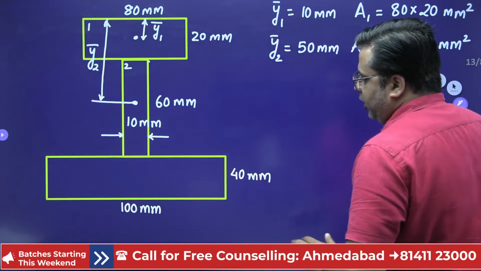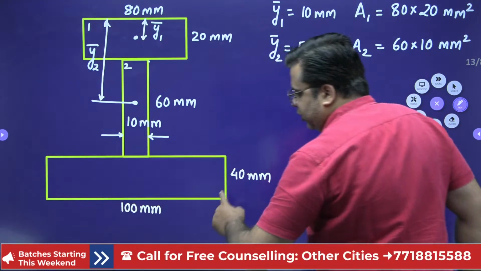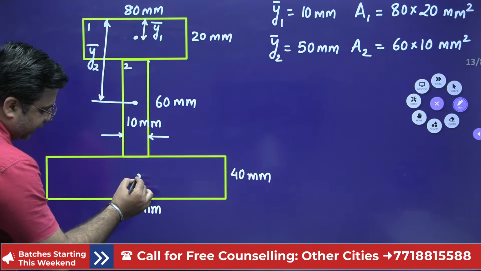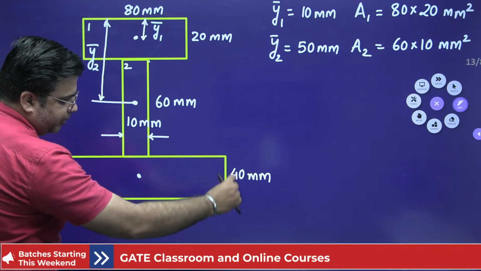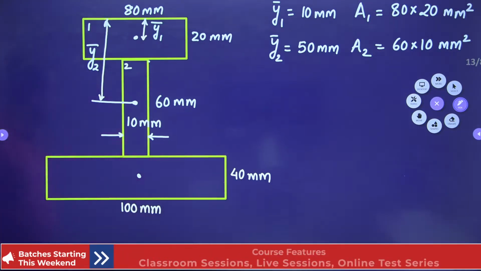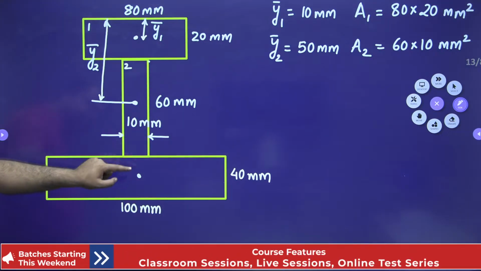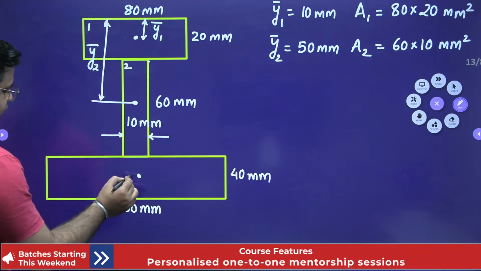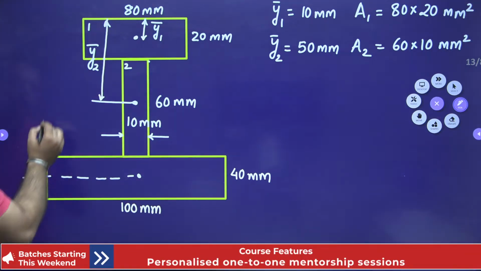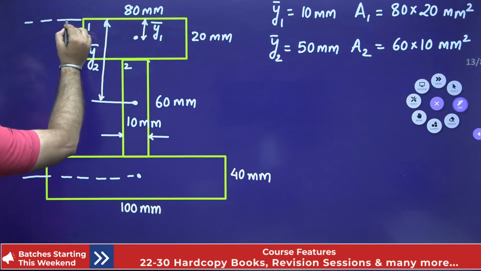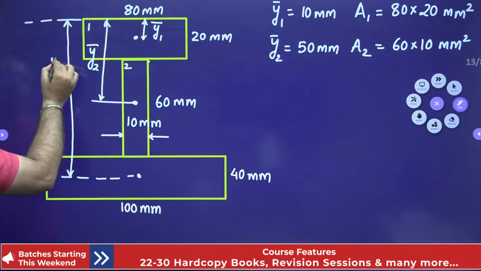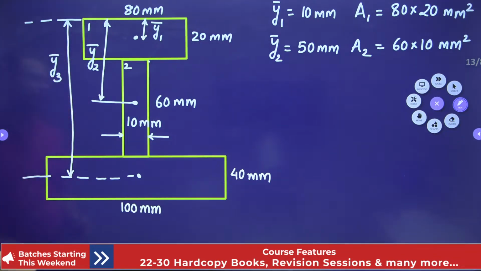Okay. Now coming to this third rectangle. For this third rectangle, the CG will lie at the mid height of this rectangle, and the mid height of this rectangle will be 20 mm. This distance will be 20 mm. So if I have to locate the value of y3, this is y3 bar.